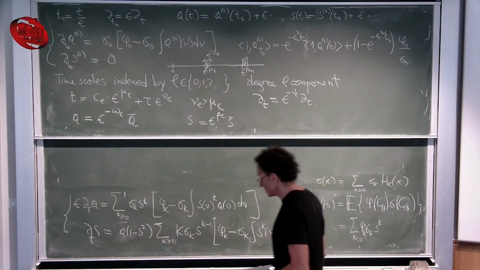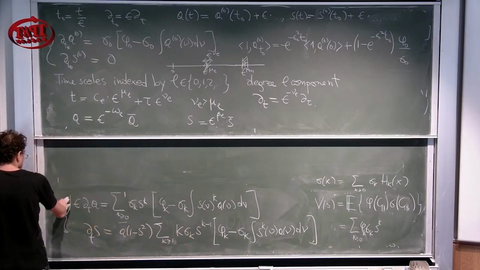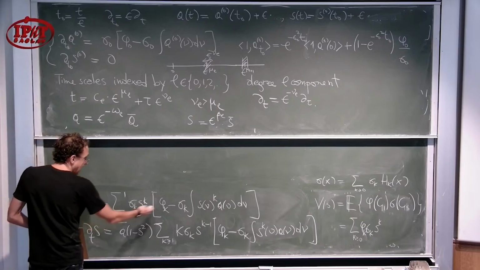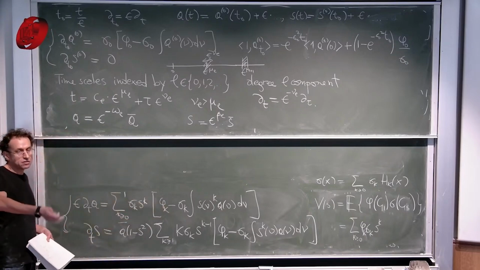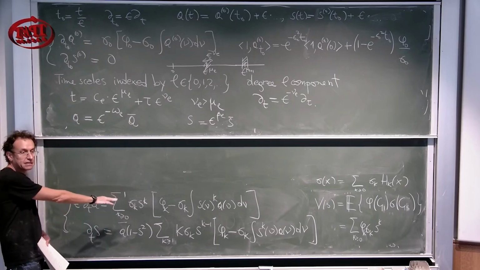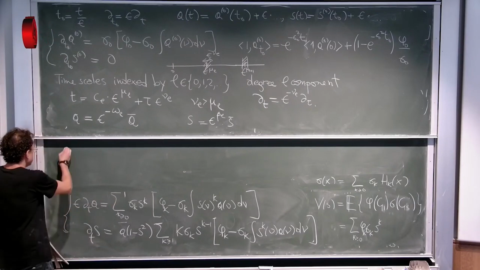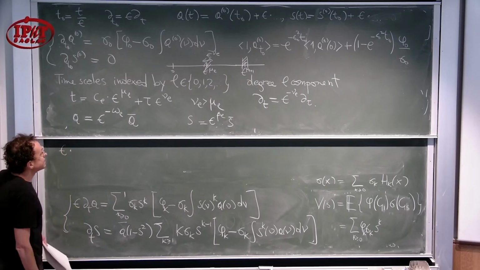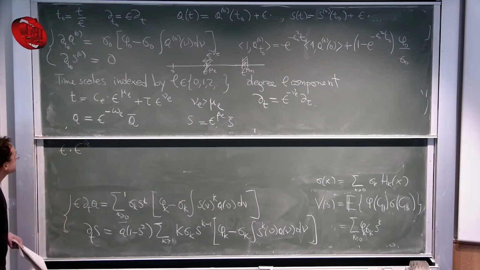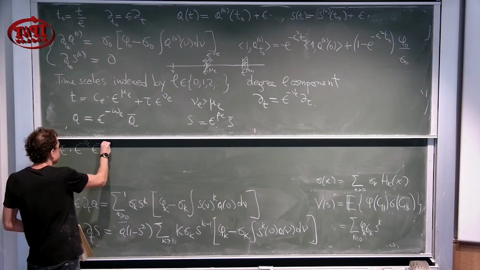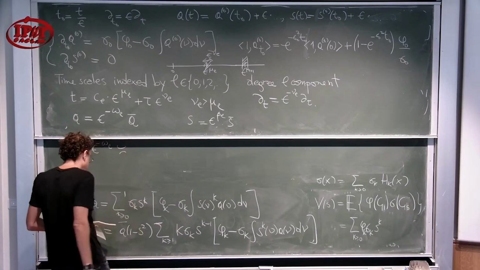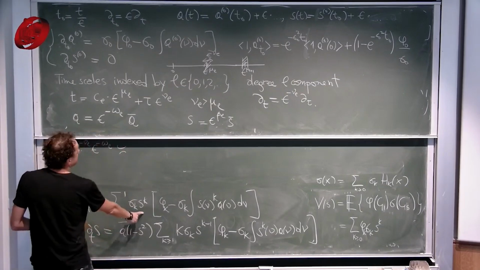Okay, so let's look at the first equation. I'll write just the powers of epsilon here, and I'll only use the L term on the right hand side. All the others don't match the left hand side. So I'll match the left hand side with exactly the L. On the left hand side we have epsilon, and then the dt is epsilon to the minus mu L, and the A is epsilon to the minus omega L. And the right hand side must be of the same order, so we have S to the L, okay?